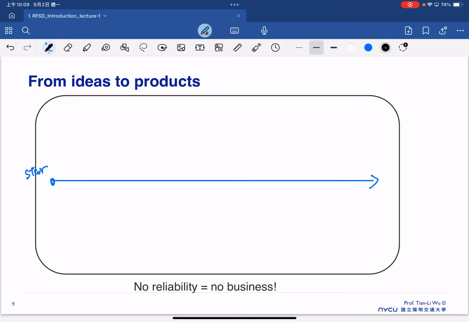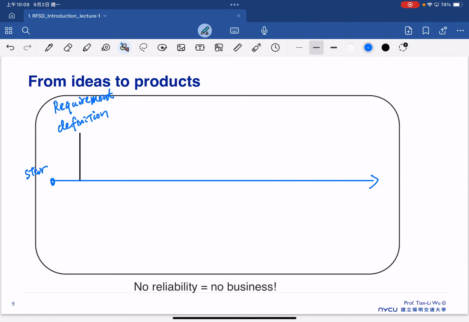What actually are these requirements and definitions?